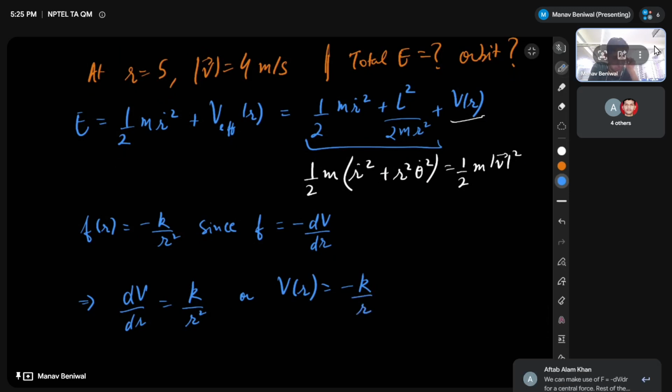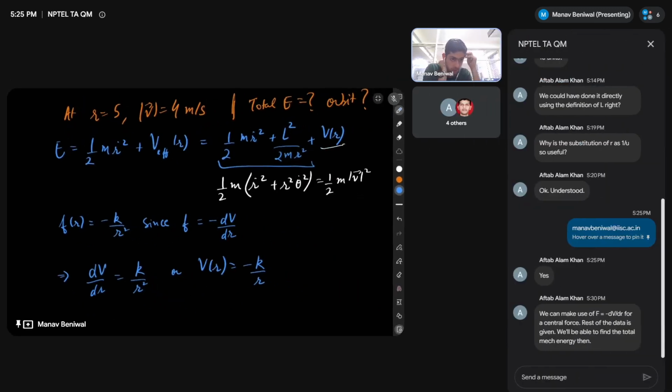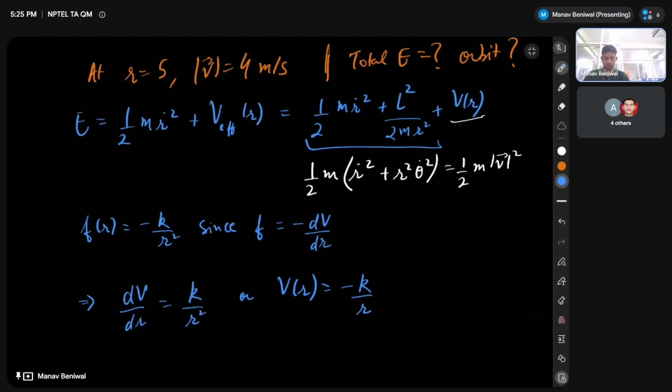Rest of the data is given, so we'll be able to find the total mechanical energy. Yes, you are absolutely right. So that is what we have done. We have this V of r. You can note that I have not taken any constant. I have taken my constant such that V at infinity is 0. So that is the standard convention.